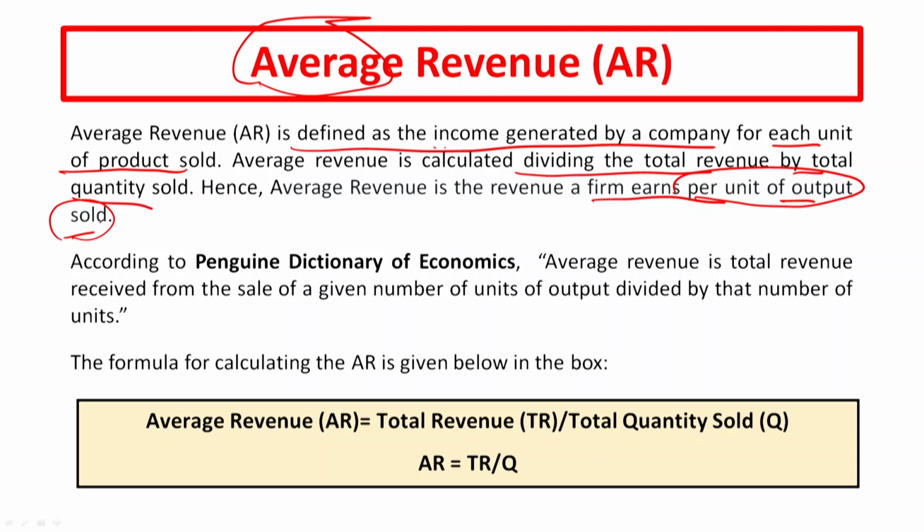According to Penguin Dictionary of Economics, average revenue is total revenue received from sale of a given number of units of output divided by that number of units. So, the formula for calculating AR is total revenue divided by total quantity being sold. As you are able to see on the screen, AR is equal to total revenue upon total quantity of the product being sold.